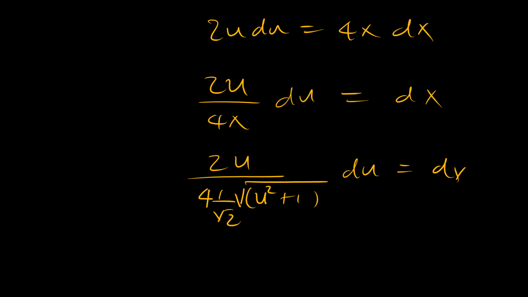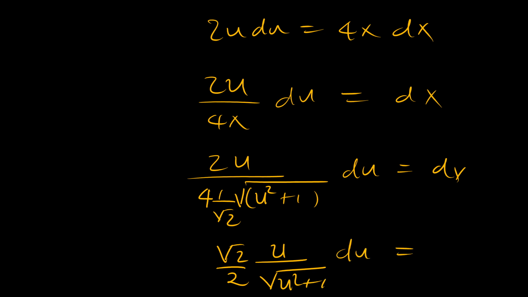Therefore, root 2 over 2 times u over the square root of u squared plus 1 du can be used to substitute for dx.